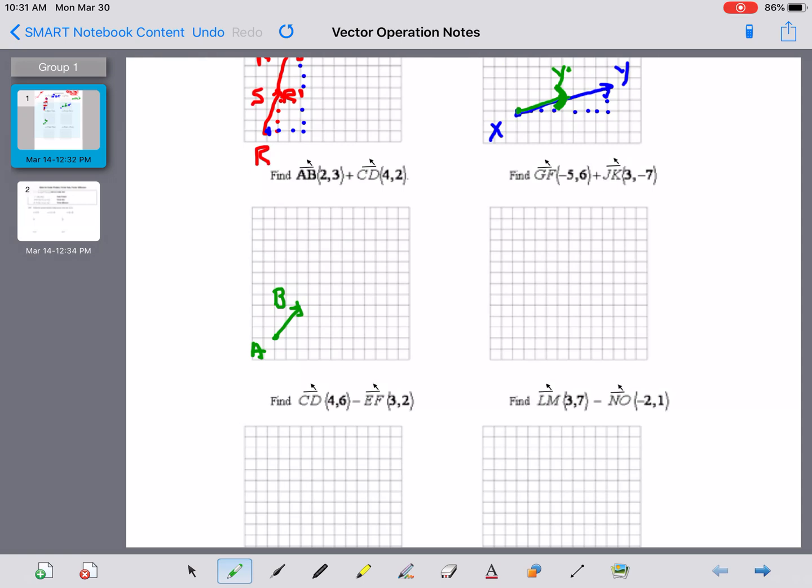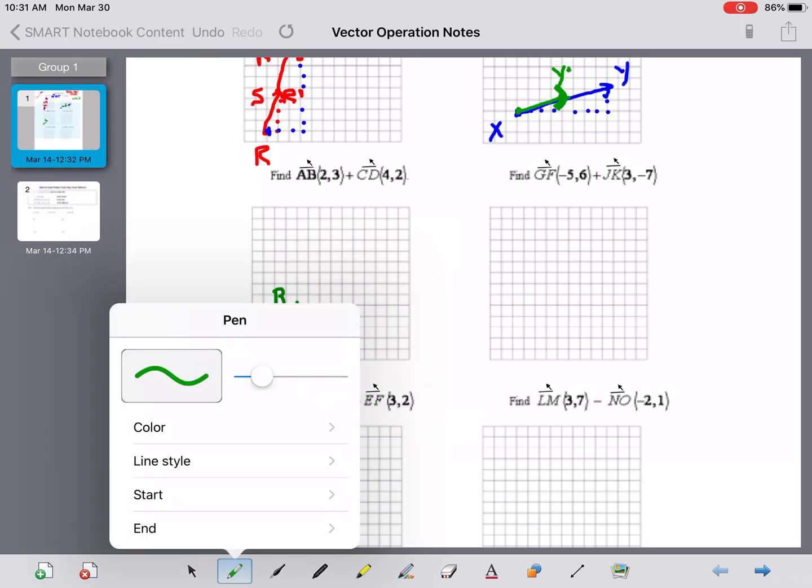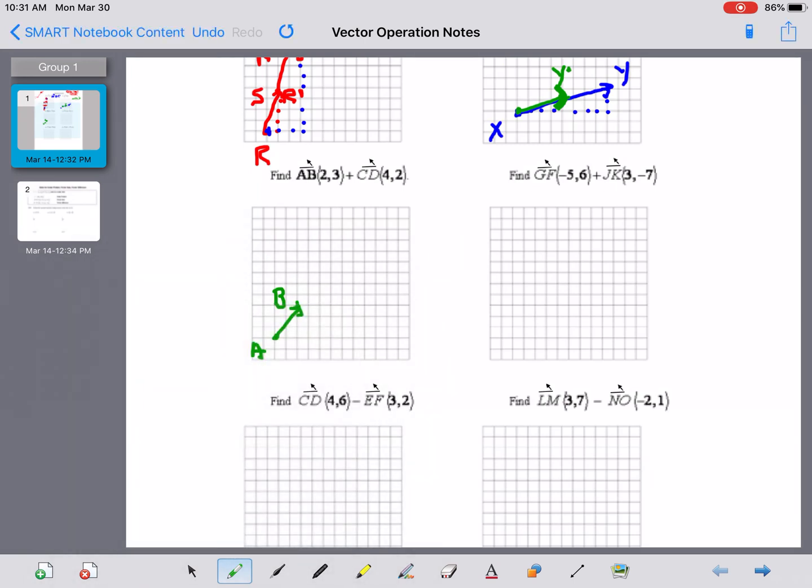Because now when I add CD to it, I'm going to start where I left off. Okay? So I'll just keep it on green here. C is going to be exactly where the B was, and from C we're going to go right 4, up 2. So here's my new one here, and there's my D.